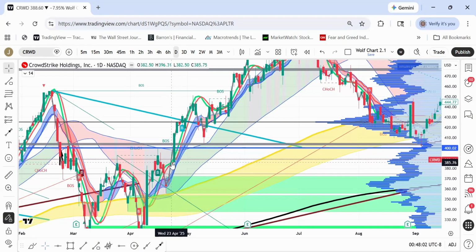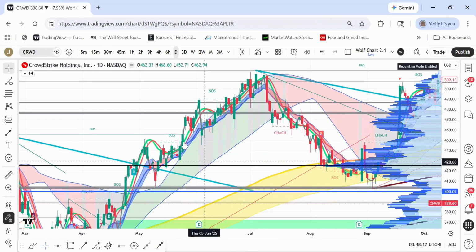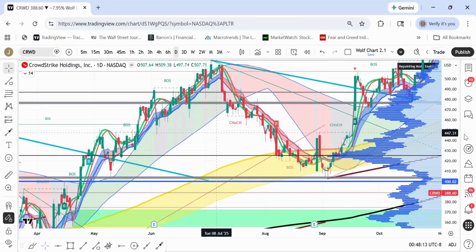They created this at 372. The last time we were here at 388 was 2 days later. We got here, we shot up right after, and we shot right up.